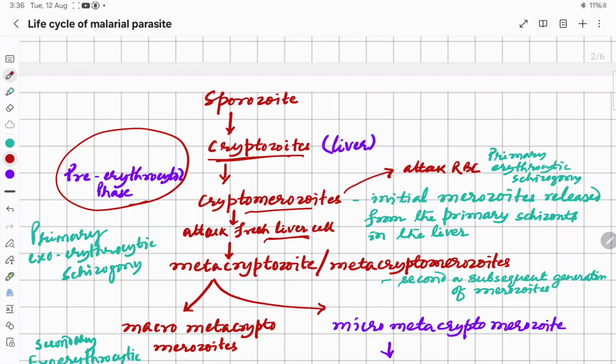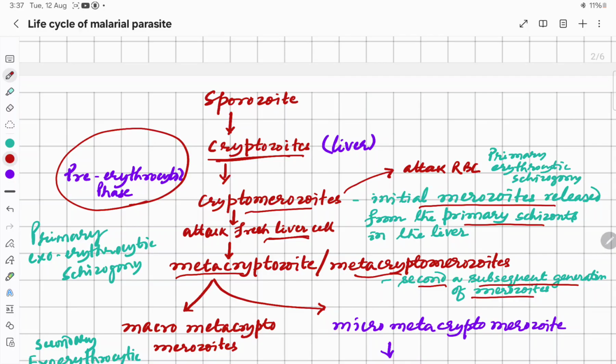These cryptomerozoites are the initial merozoites released from the primary schizonts, and when they attack fresh liver cells and again release, they are called metacryptozoites or metacryptomerozoites. So we can call them the second or subsequent generation of merozoites.